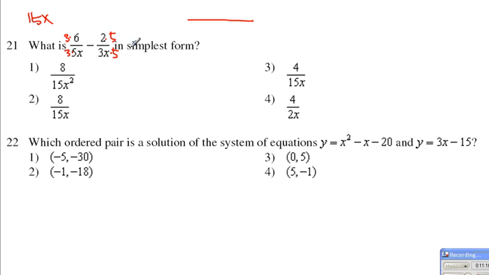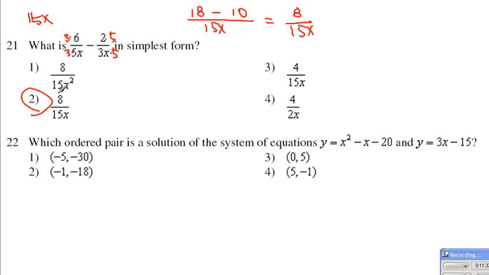Then we end up getting the denominator 15x. On the numerator, on the left side it becomes 18, minus on the other side it becomes 10. Then we end up getting 8 over 15x. Therefore, we get this as our answer.